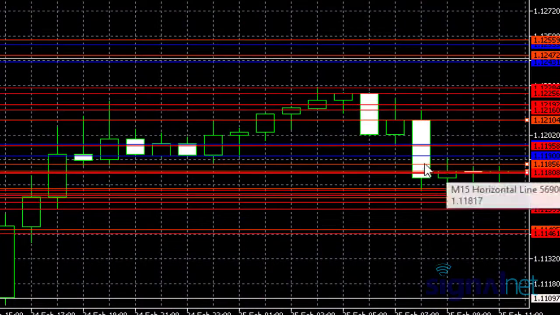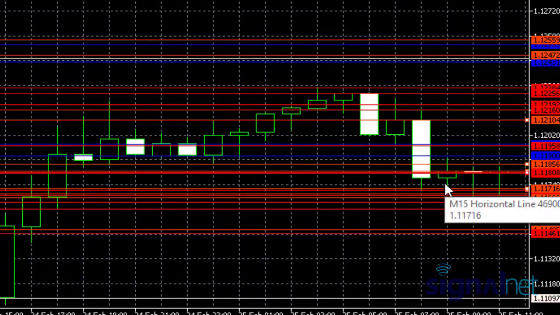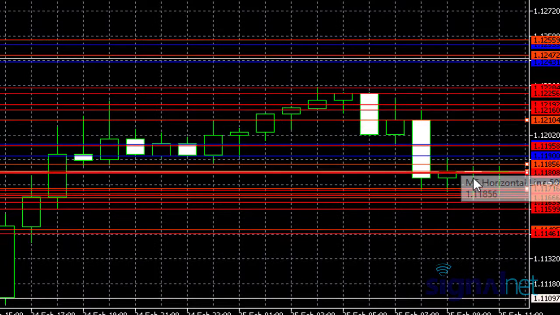In this place, it formed a doji. A doji, remember, signifies indecision. I was trading all throughout this period. After that, it formed another doji again.